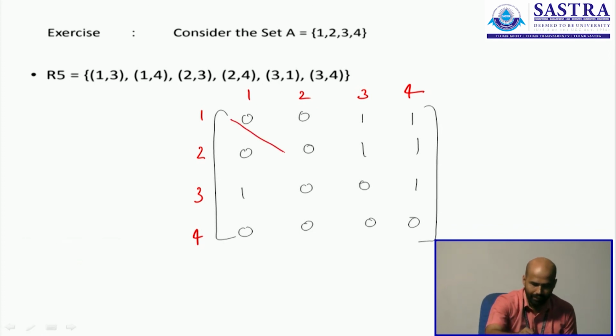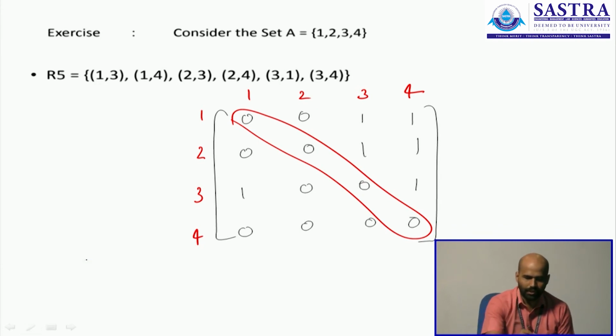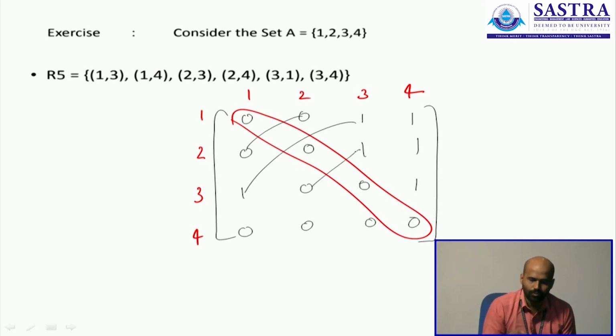Now if you highlight the diagonal and look at the symmetric pairs, you have 0 0, you have 1 1, you don't have 1 1 here. The second row third column and the third row second column do not match. Hence the matrix is not symmetric, and therefore the relation is also not symmetric.